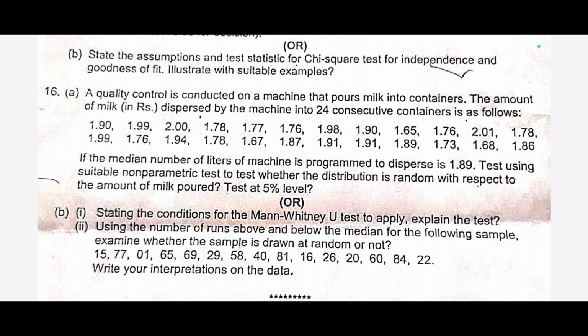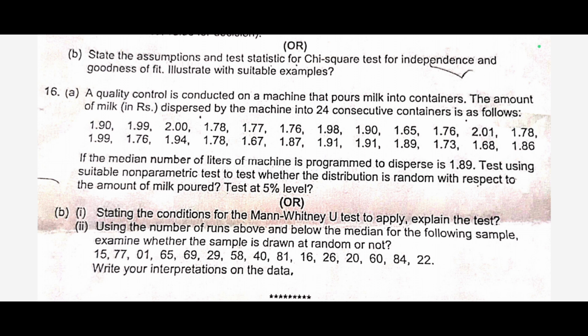Next, a quality control question. A machine is programmed to dispense in one-point test, using a suitable non-parametric test whether the distribution is random with respect to the amount of milk produced, so randomly or not. Test for single mean, or else you can use the randomness test for single sample randomness.